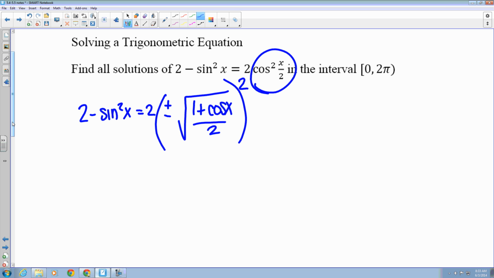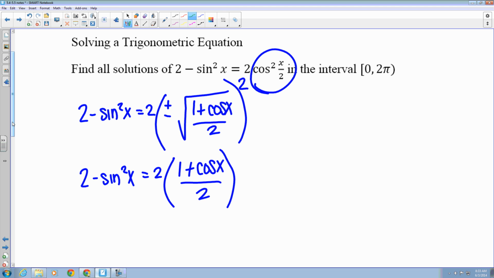Because we have a square root squared, those kind of just cancel out. I get 1 plus cosine x over 2. 2's cancel now. And this is much easier to deal with.